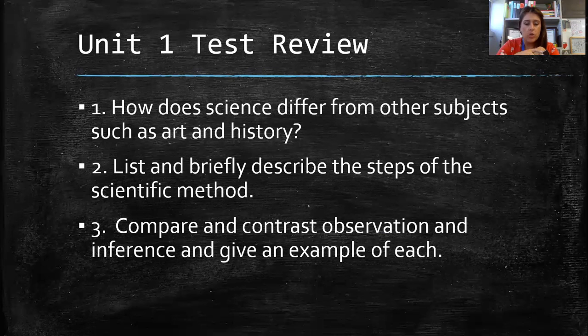Question 3 asks you to compare and contrast observation and inference and give an example of each. Again, this can be found on page 10 of your interactive notebook. Observation is the act of noticing and describing events and processes in a careful way. Scientists use their observations to make inferences.